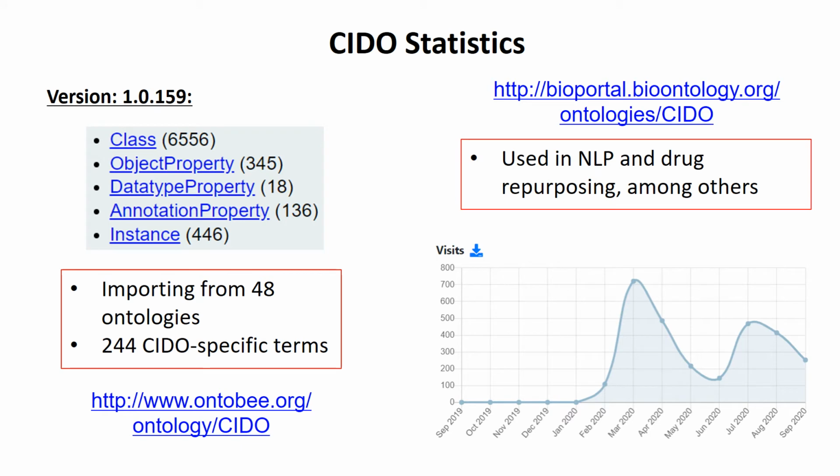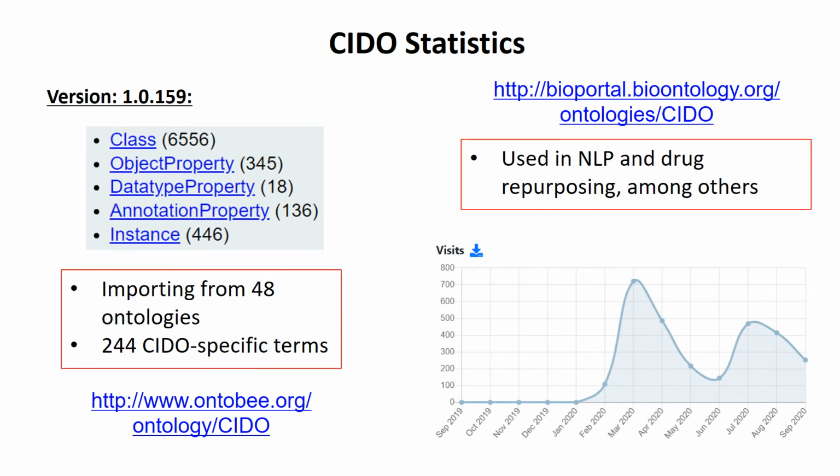Currently we have over 6,000 classes and also more than 300 object properties, data properties, and annotation properties. Overall, we have more than 7,000 terms. We import a lot of terms from about 48 ontologies, and we also have more than 200 CIDO-specific terms.